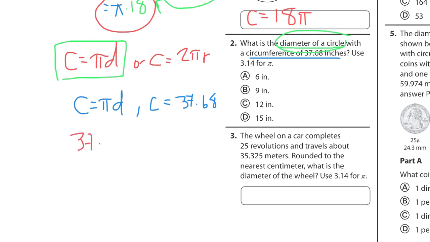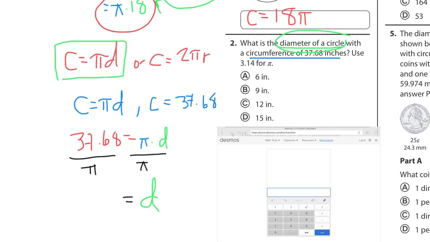So that I have 37.68 equals pi times d. Now we need to divide, one-step equation, divide by pi, and that means that d should give you 37.68 divided by 3.14.